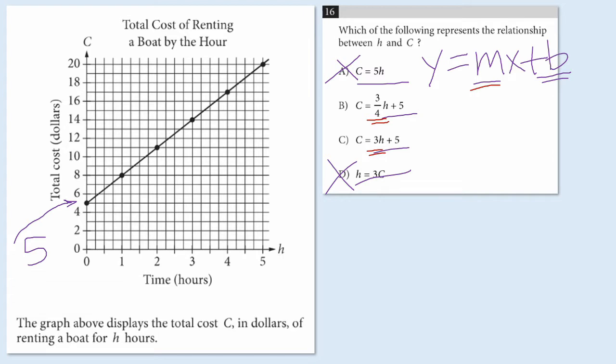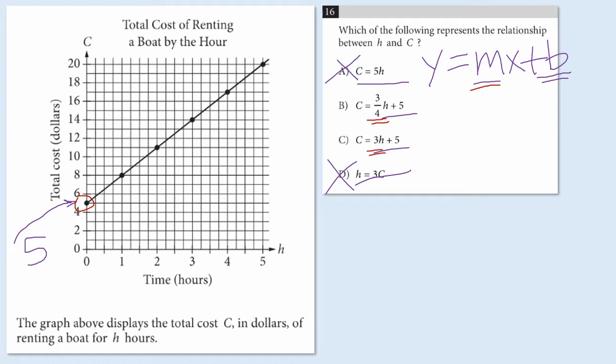So let's actually draw a line that has a slope of 1 and compare the graph to that. I'll show you what I mean. So let's start with this point here. And let's draw a line that has a slope of 1. So slope is rise over run.